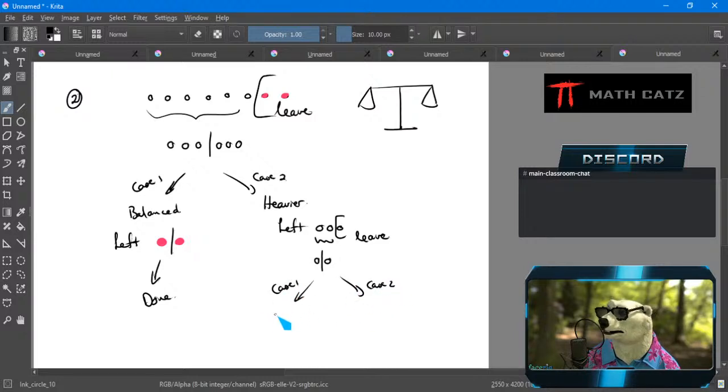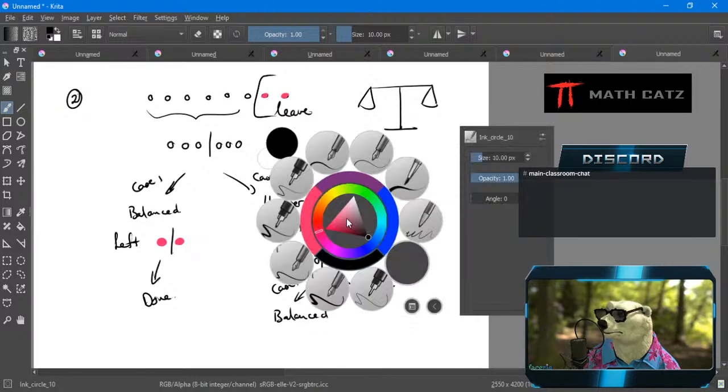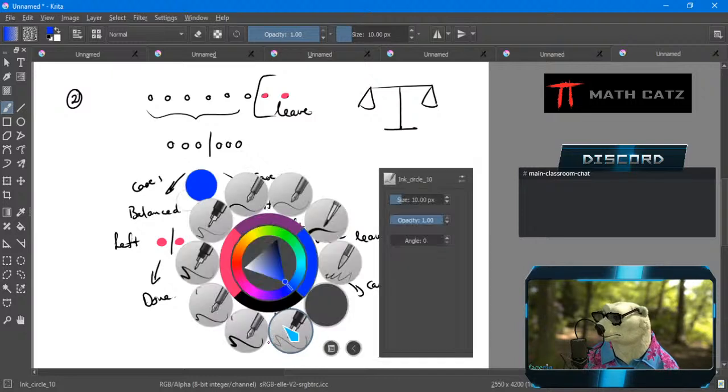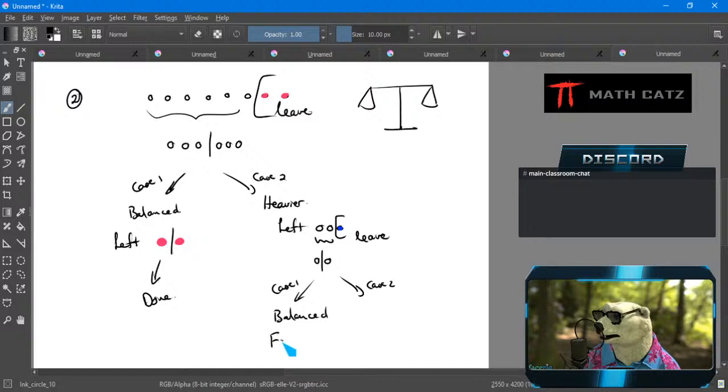Case 1 is it's balanced. That means, let's make it a blue one. Let's make this guy blue. That means I found the heavy one. I found bluey. And I'm done.